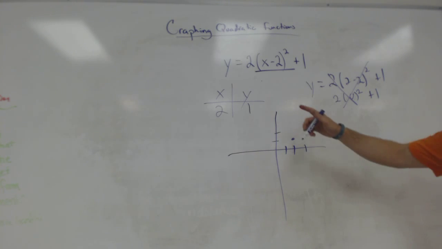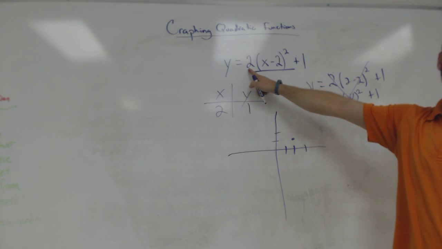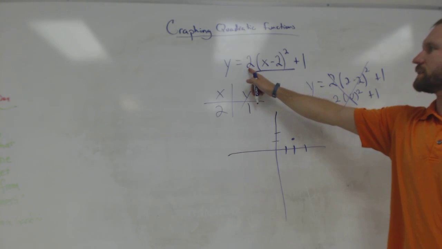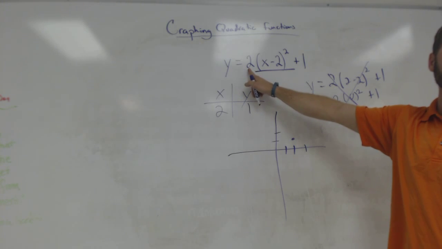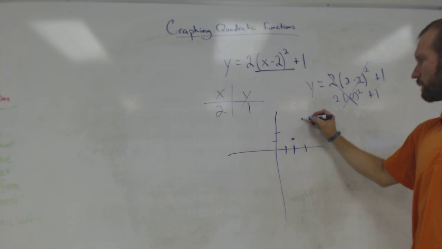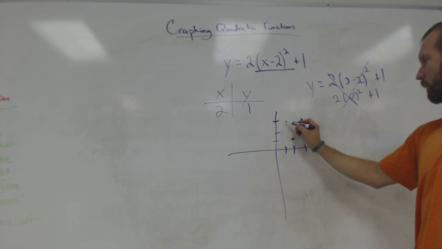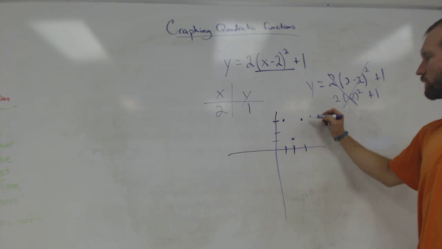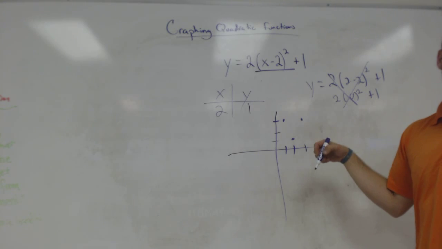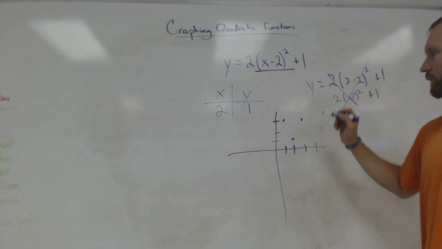Because think about it, when I expanded this, this is still my coefficient for x squared. So if I go over 1, I go up 2. If I go over 2, I would go up 4 times 2, which is 8, right? I'm not going to draw that.